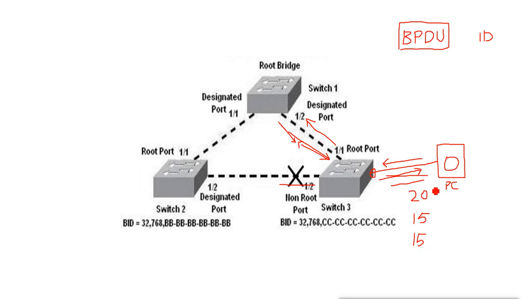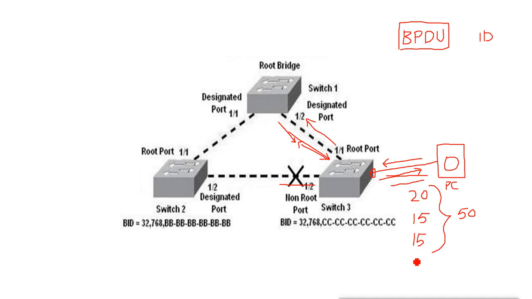So in total, that is 50 seconds, the switch port will remain without sending any data. It will show an amber color blinking on the LED light. Then after that it will go to the forwarding state.